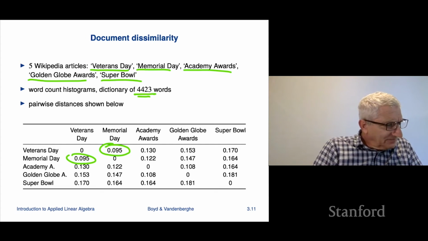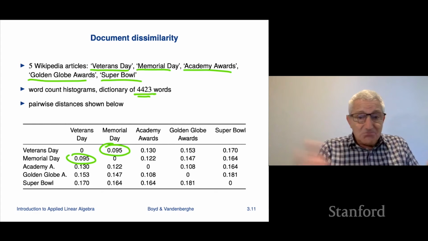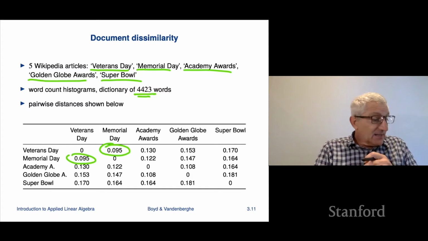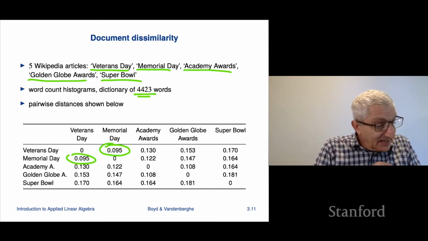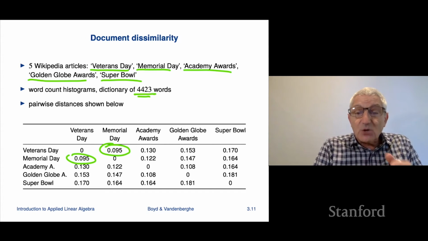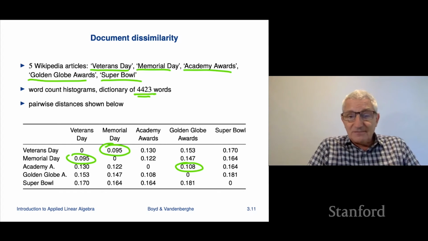The answer is yes. Veterans Day and Memorial Day are both Wikipedia pages describing holidays, so they are related. In fact, they're more closely related than any of the others. We can also ask, what would be the second closest pair? And look at that. It would be, in fact, the Academy Awards and the Golden Globe Awards.